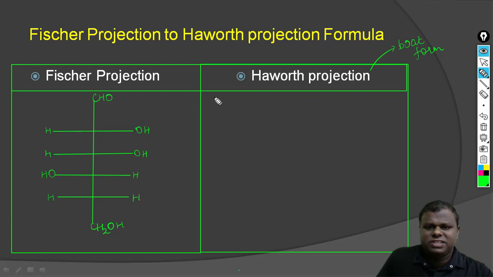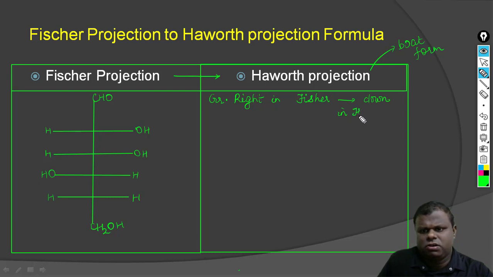The first thing is, to convert Fischer projection to Haworth projection, I'm just going to write this: the group which is at the right position in Fischer is going to be placed downwards in this Haworth projection formula.